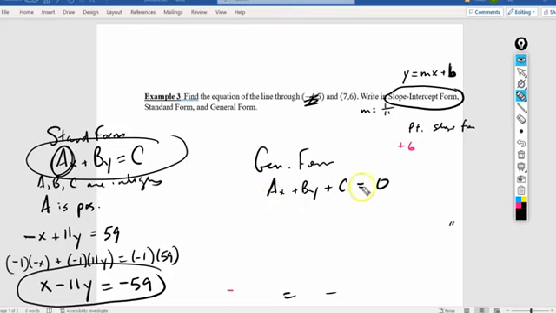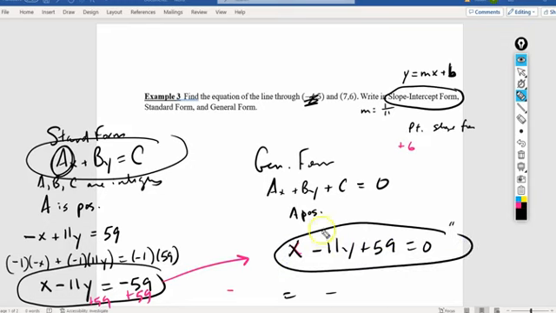And again, the a, b, and c have to be integers, whole numbers, and the a has to be positive. And so all I need to do here to this side is to add 59 to both sides, and then that's going to give me x minus 11y plus 59 is equal to 0.